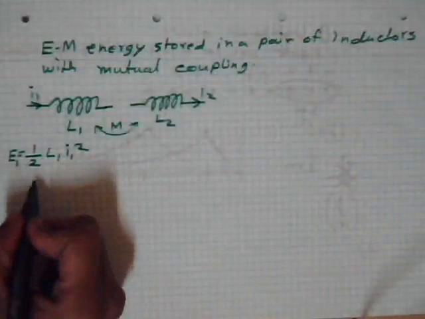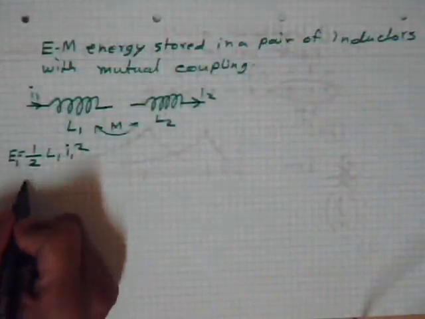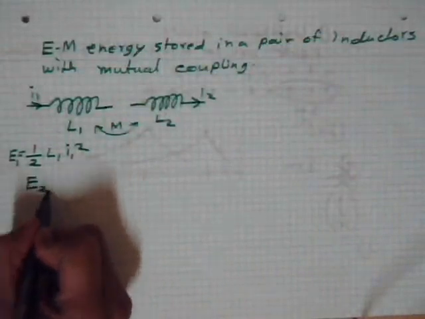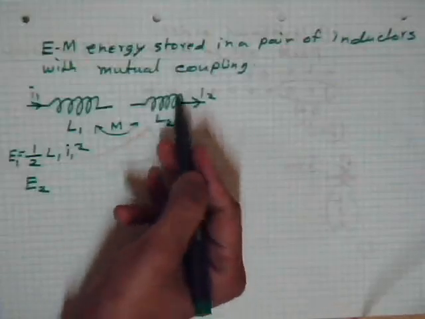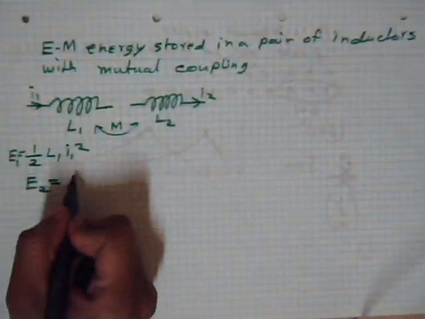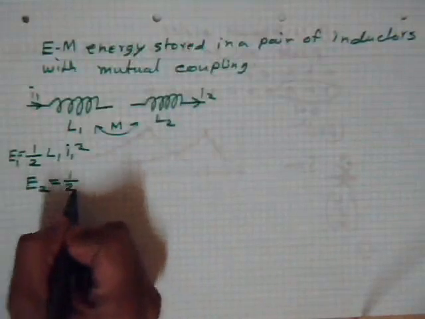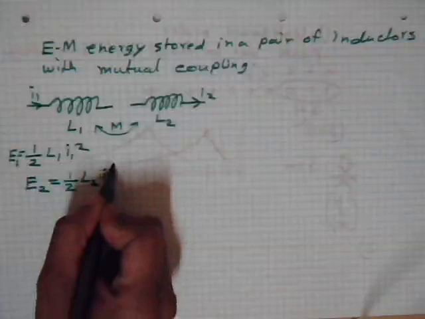Okay, so I'll have two energies. Let me call E2 the energy due to its self-inductance. You can again derive it to be half L2 I2 square.